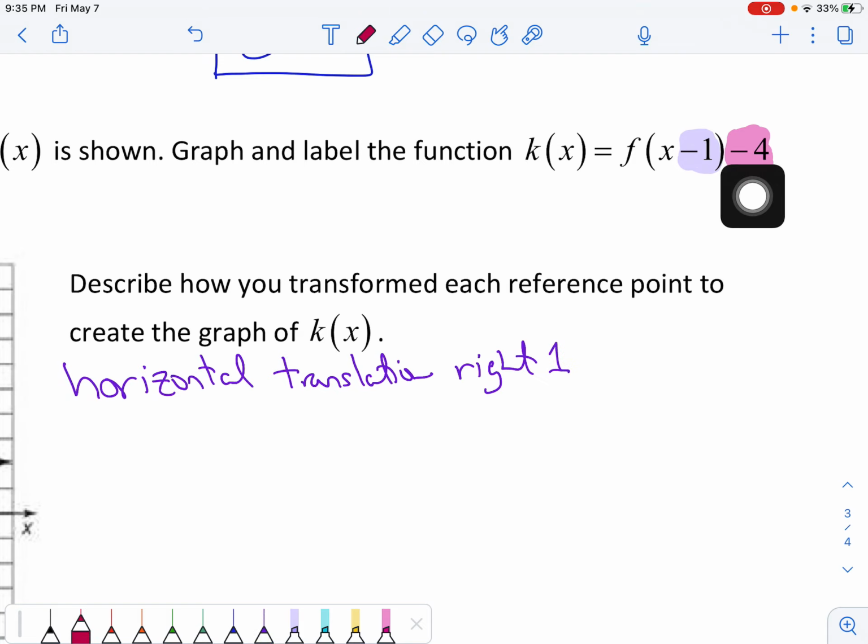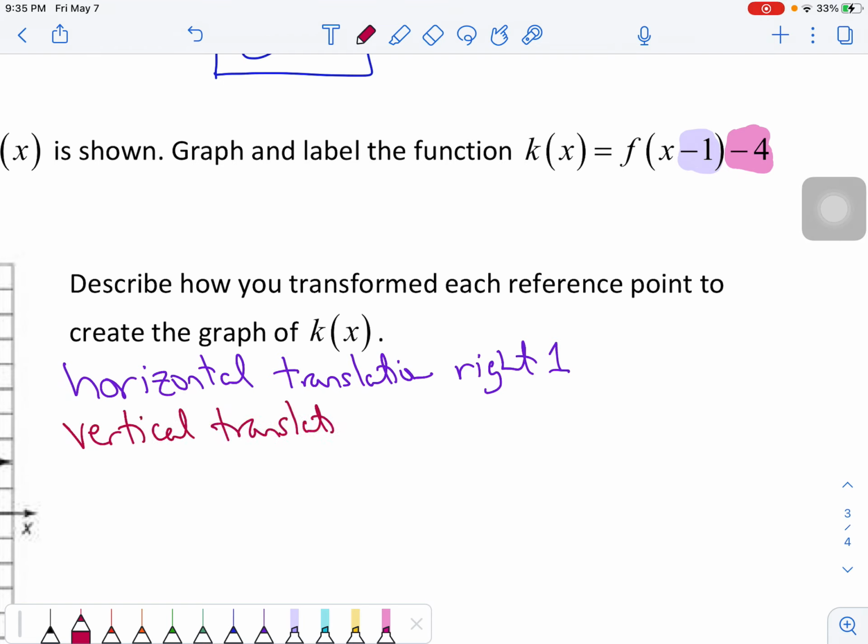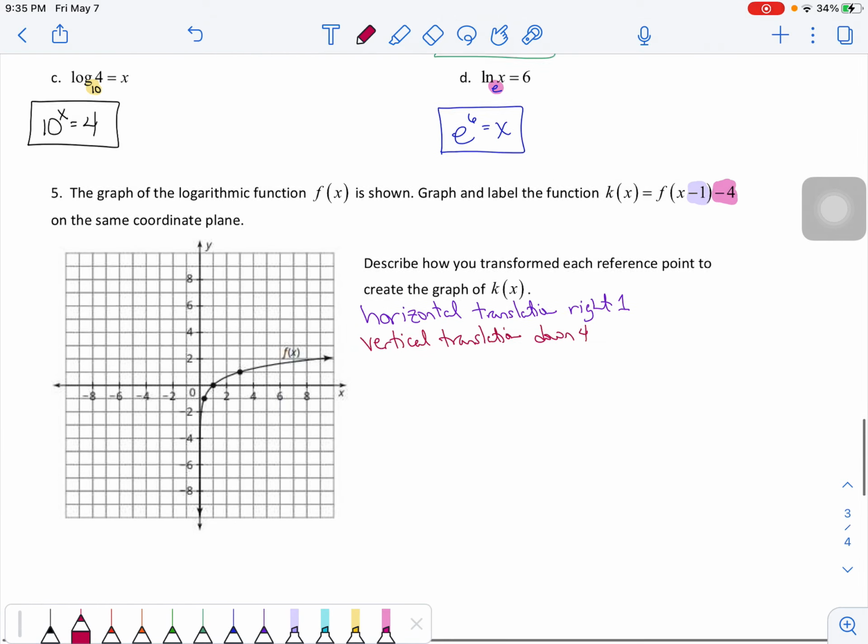And then you have this -4 at the end, right? The whole function's being affected by that. So that's a vertical translation. And it's negative, so that's going to be down 4. Okay? So every point on my graph, I am going to move to the right 1 and down 4 spaces.